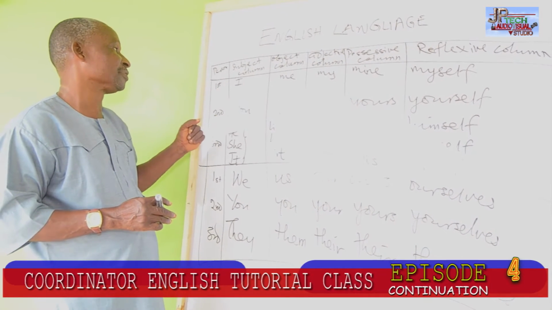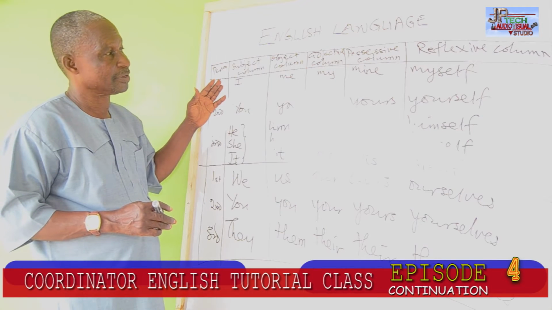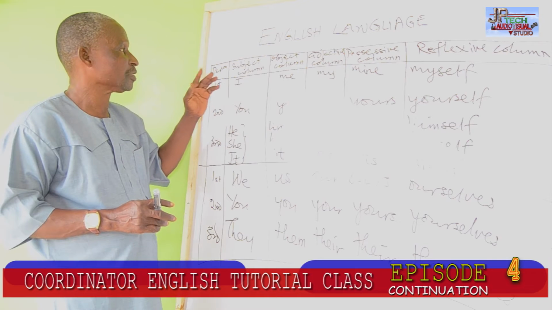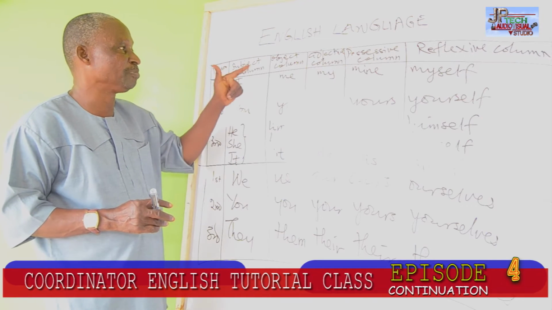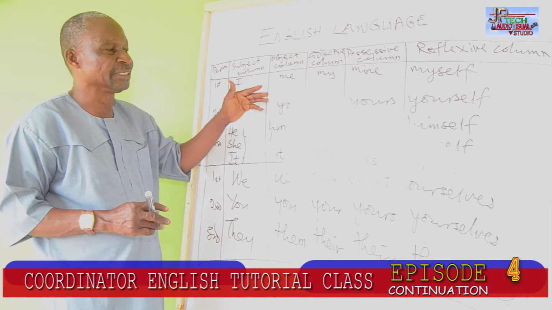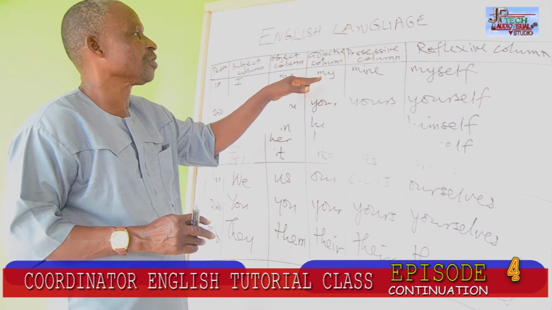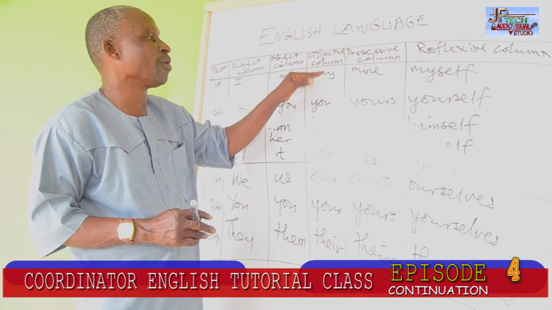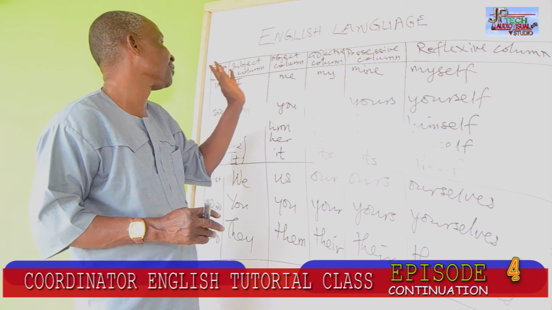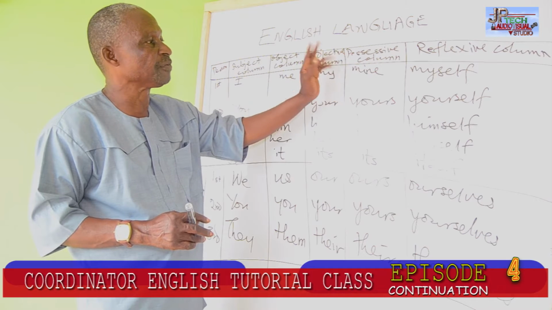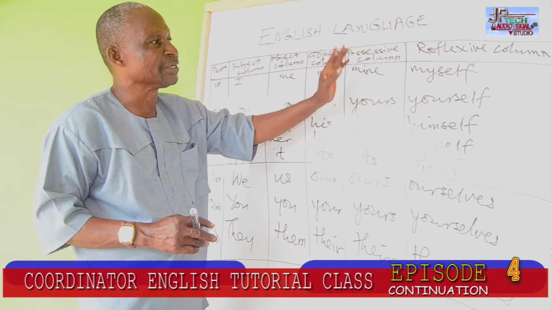Personal pronouns. These are I in the first person singular form, subject. The object form of I is me. The adjective column of I is my. Possessive is mine.